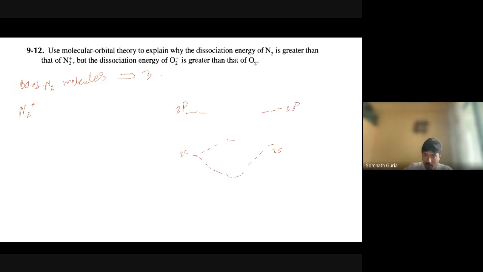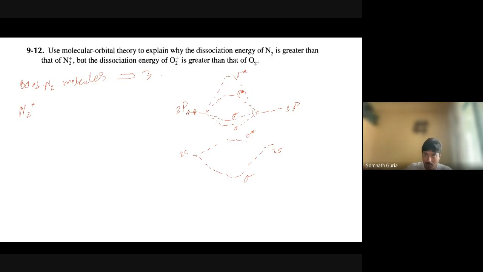Now we have the energy level as follows, and a sigma, sigma star, pi, sigma, pi star, and we have a sigma star.